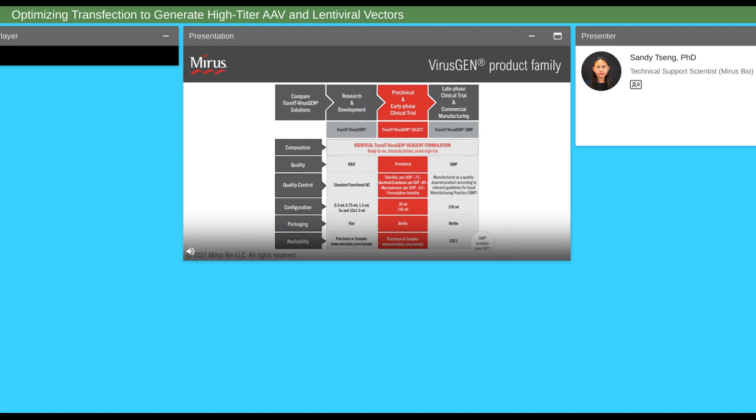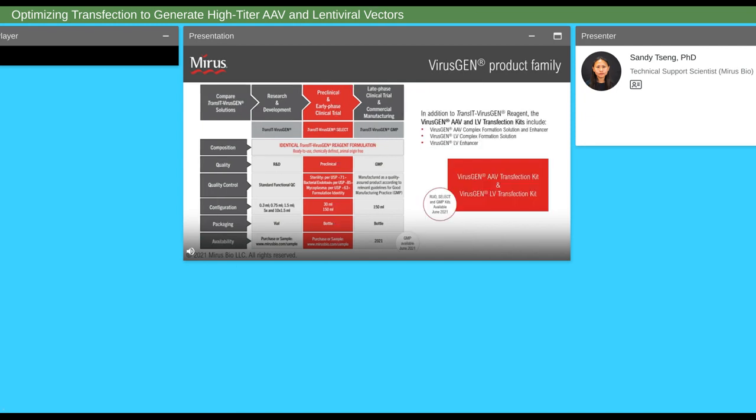What's important to note is that all of these formats, RUO, Select, and GMP, are identical in formulation. So any development work done with the TransIT-VirusGEN RUO reagent can be applied seamlessly to the use of the Select and GMP TransIT-VirusGEN reagent.